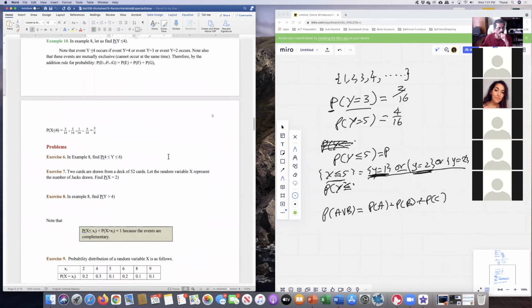All right, this question says 2 cards are drawn from a deck of 52 cards. The random variable X represents the number of jacks. So I'm just taking 2 cards and my random variable represents the number of jacks I have in my hand when I take 2 cards.